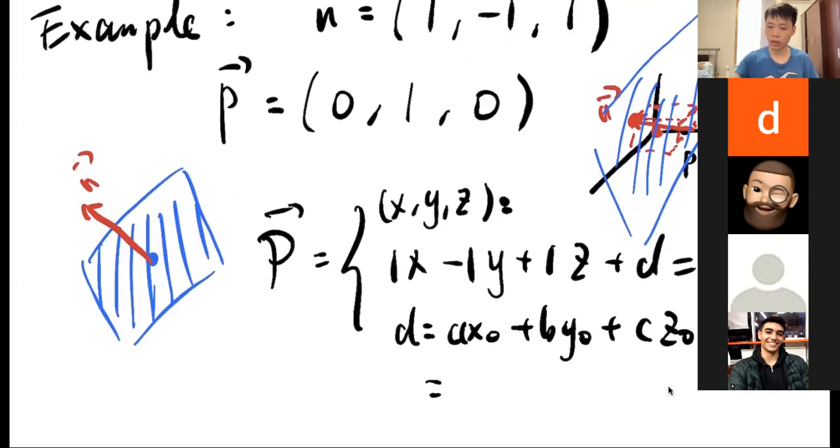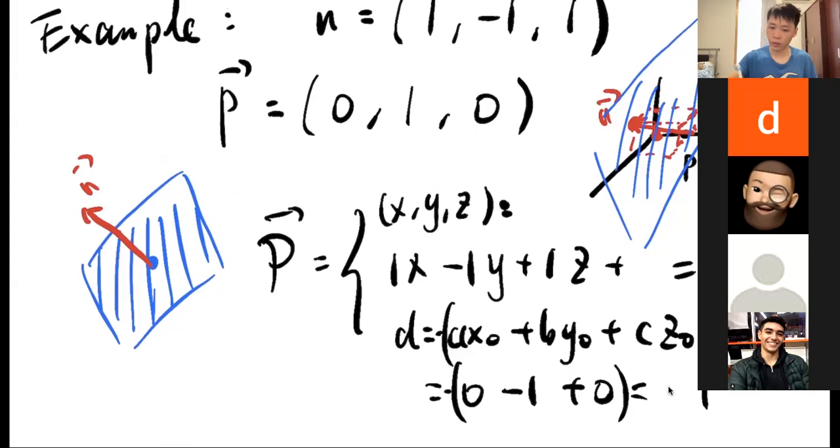What is x0? x0 is 0. By0 is -1 times 1, so -1 plus 0. This is -1, but there's a minus sign in front of all of it, so this is +1. Okay. So you get D is 1.